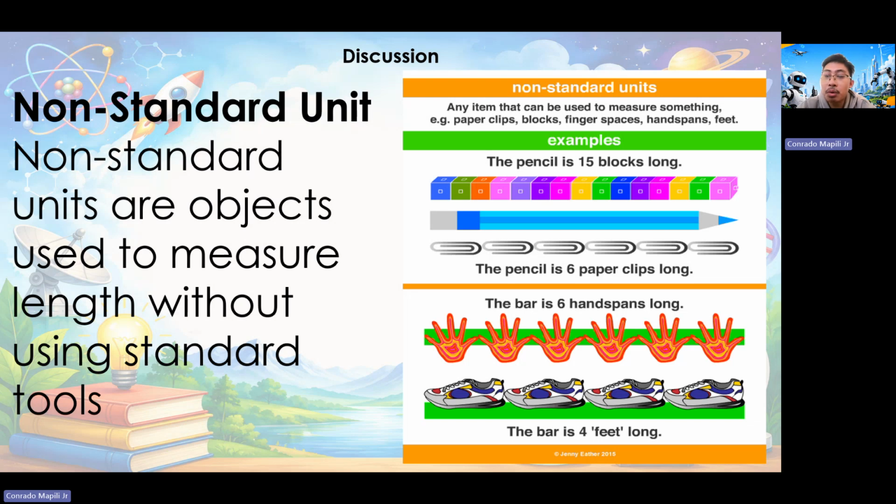Non-standard units of measurement were primarily used before the invention and widespread adoption of formal standardized measurement systems like the metric and the imperial systems. During ancient times, before tools like rulers, scales, or graduated cylinders existed, people relied on the most available reference point, which is their own bodies and natural objects.